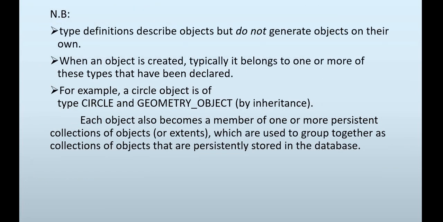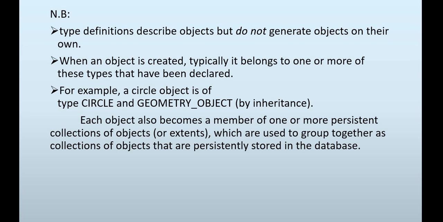Please note, type definitions describe objects but do not generate objects on their own. Type definition means it only describes objects. It cannot generate new objects. When an object is created, typically it belongs to one or more of these types that have been declared. For example, the circle object is of type circle and geometry object by inheritance.